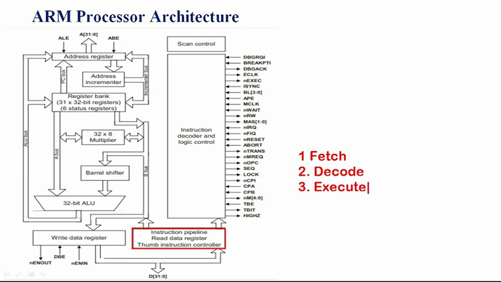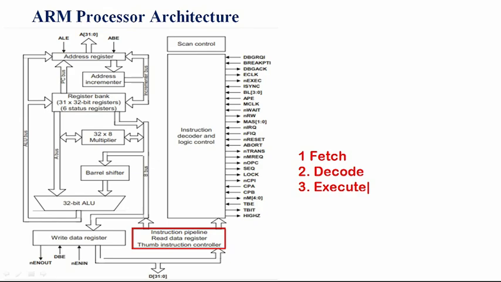We are going to perform these three things in parallel: fetch, decode, execute, fetch, decode, execute. This concept is called pipelining. The ARM processor follows three-stage pipelining. These three stages are fetch, decode, and execute.